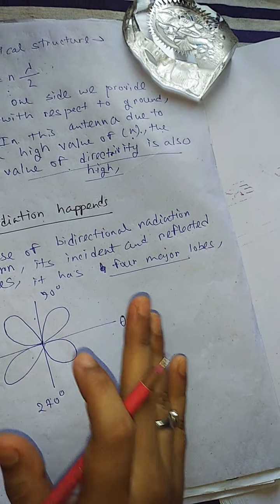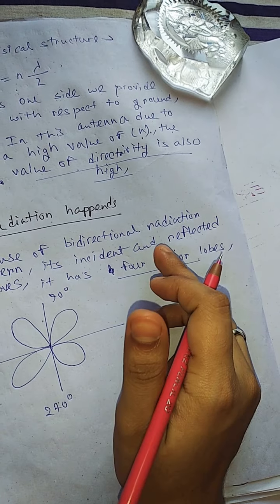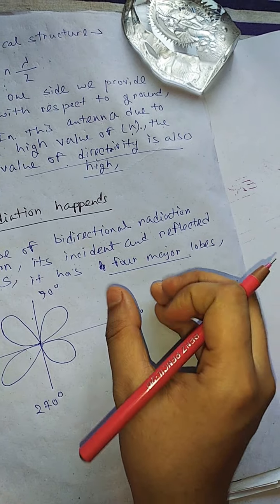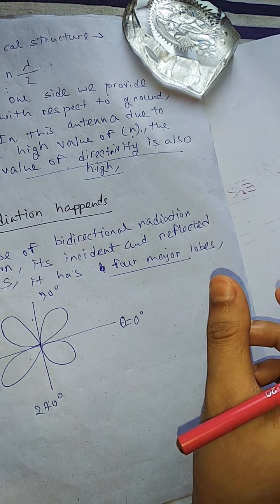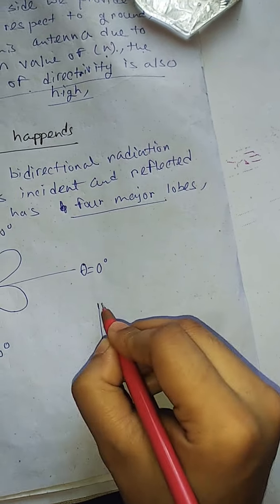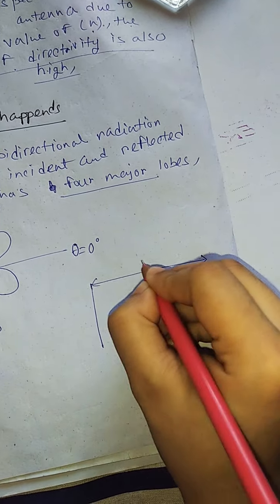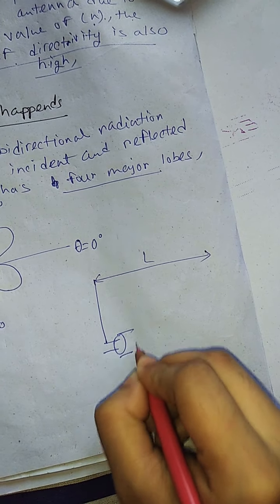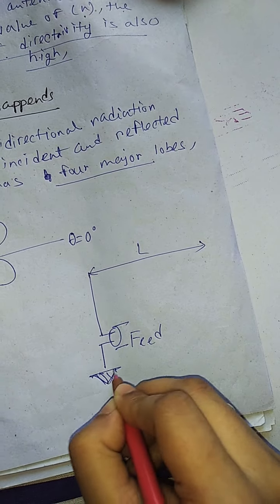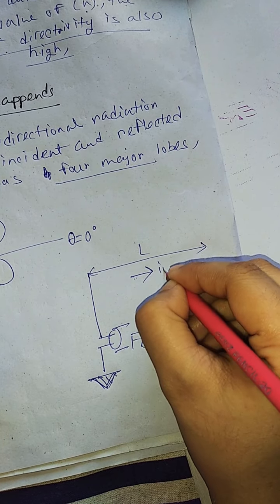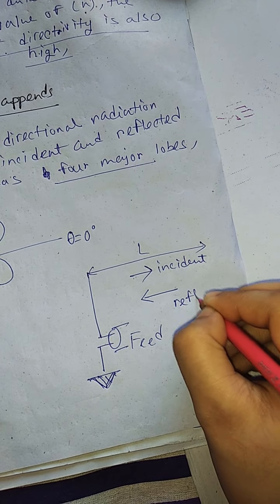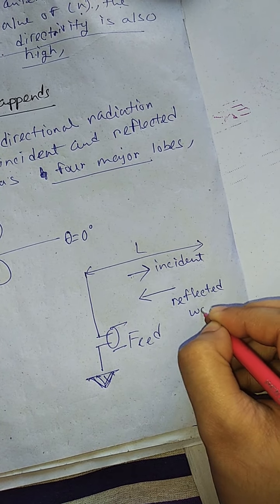So it has 4 major lobes because of the bidirectional radiation pattern, and the bidirectional radiation pattern happened because of incident and reflected waves. How does it happen? This is the length, this is the feed, this is the ground, this is the incident wave, and in this direction this is the reflected wave.